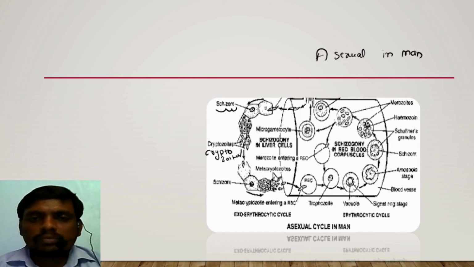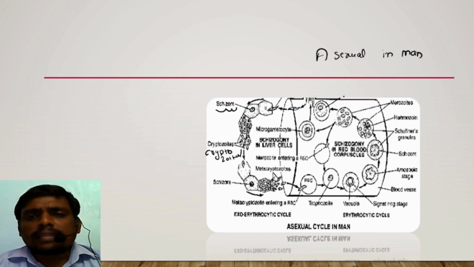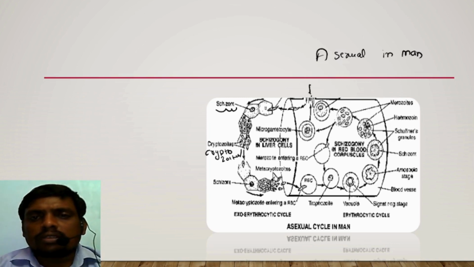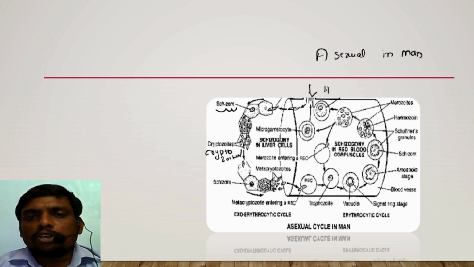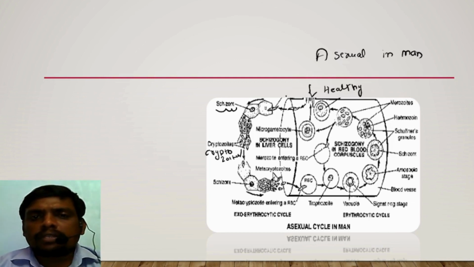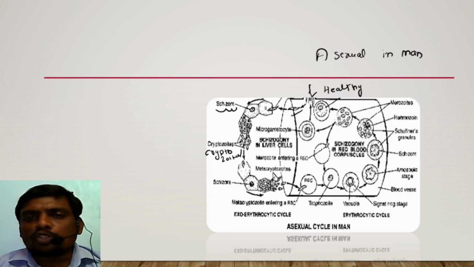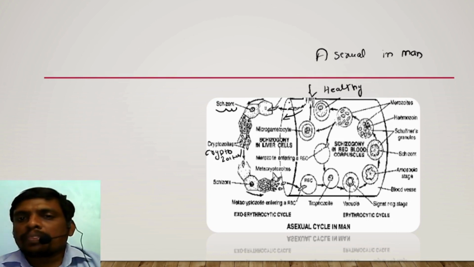Imagine that the infected female Anopheles mosquito sucks the blood from a healthy human. What happens? It releases some sporozoites into the blood.